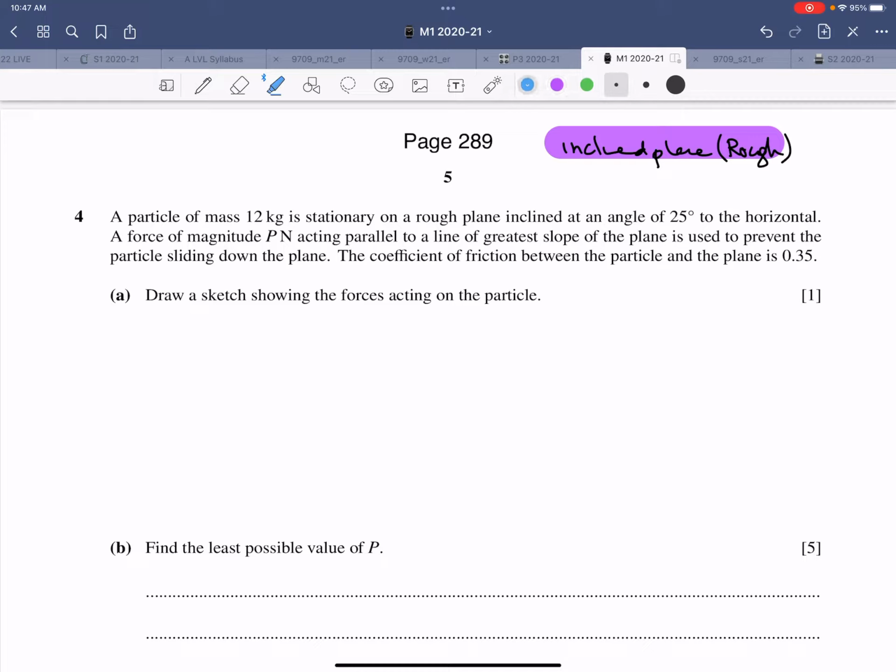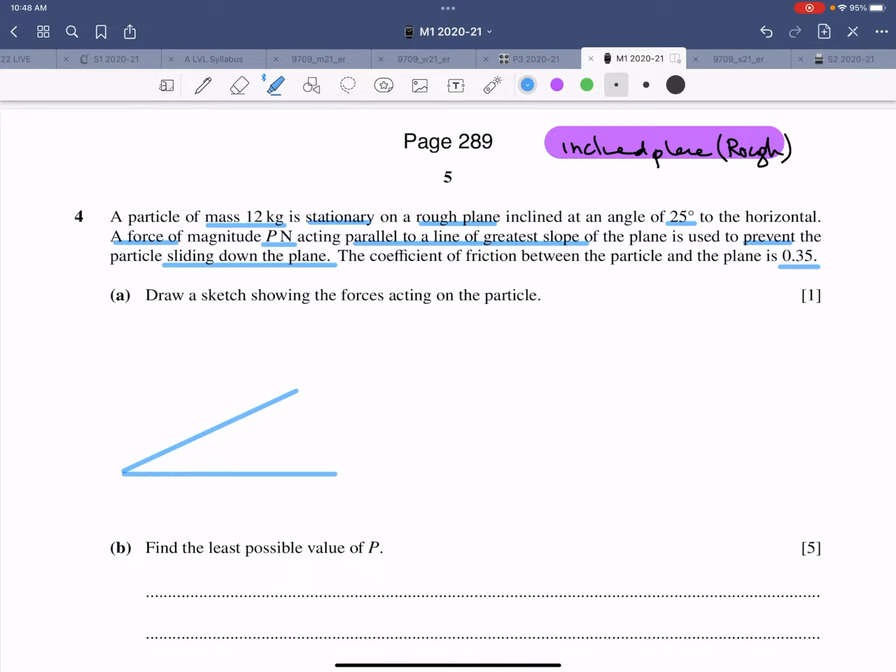So now let's underline: it's a rough plane, 25 degrees, mass is 12 kg, stationary, external force P Newton parallel to the line of greatest slope is used to prevent the particle from sliding down. Preventing means it's not sliding down, but it's preventing from sliding down the plane, and the coefficient of friction is 0.35. Draw a sketch showing the forces acting on the particle.